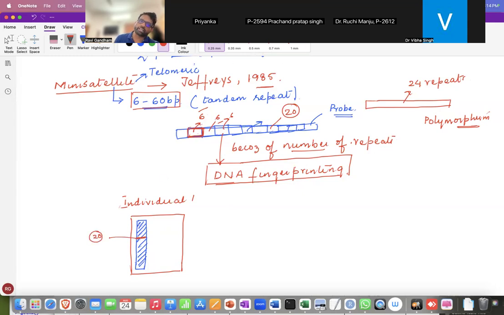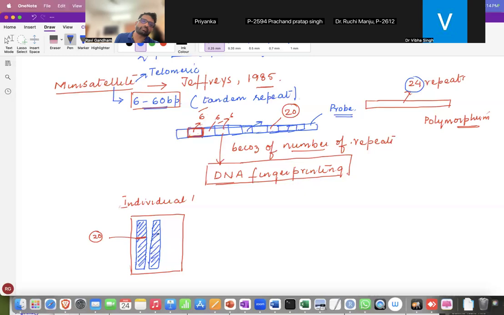Now, for a second individual at the same locus again, you're running it on the gel, right? Now what happens, if this individual has got 24 repeats, it's the same locus again, mind you. But just because it has got 24 repeats, the band that ought to be present at the same spot at 20 repeats will now be a bit at a higher level.